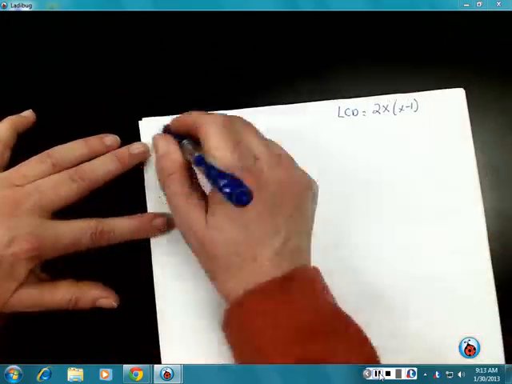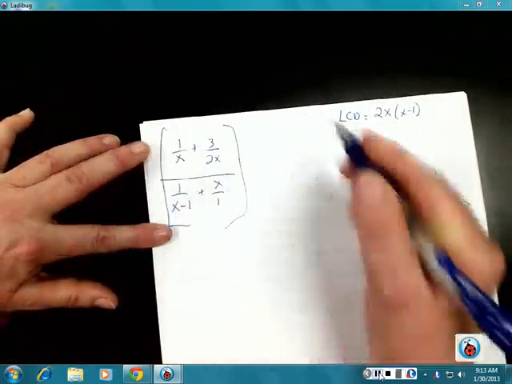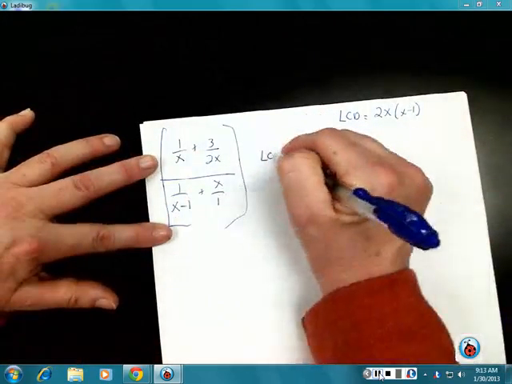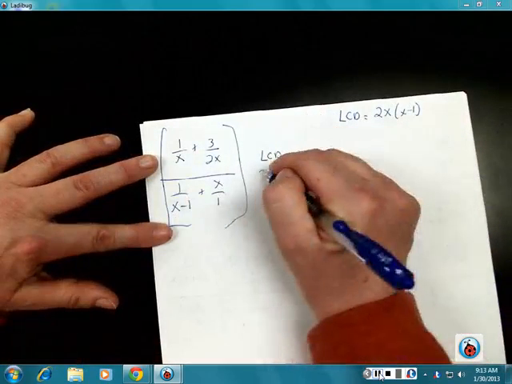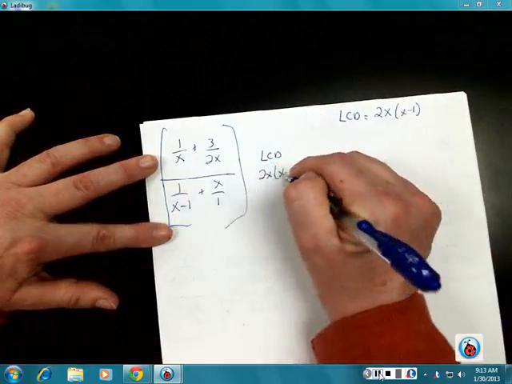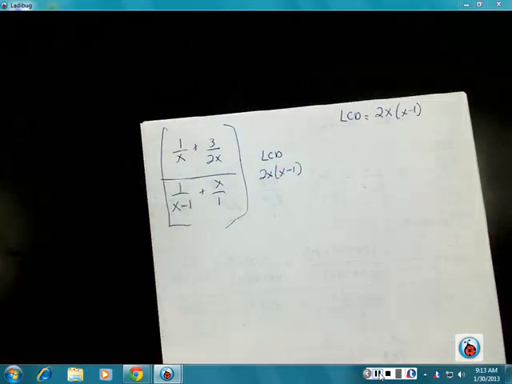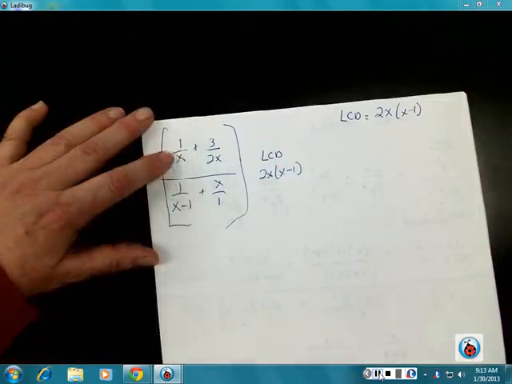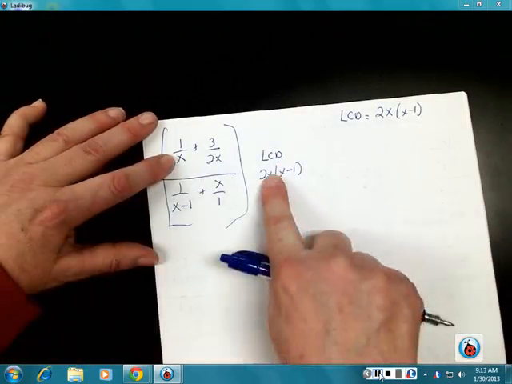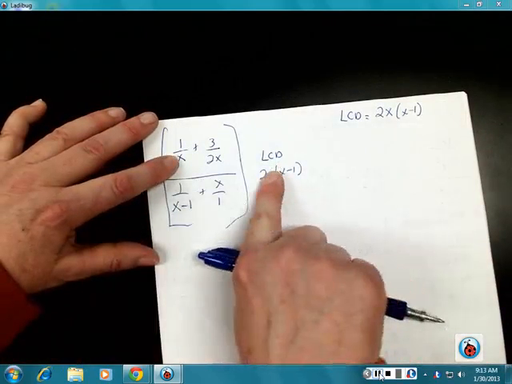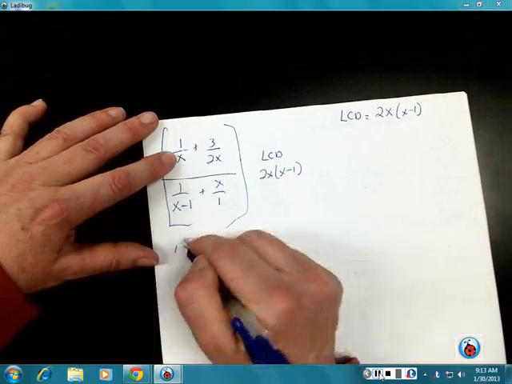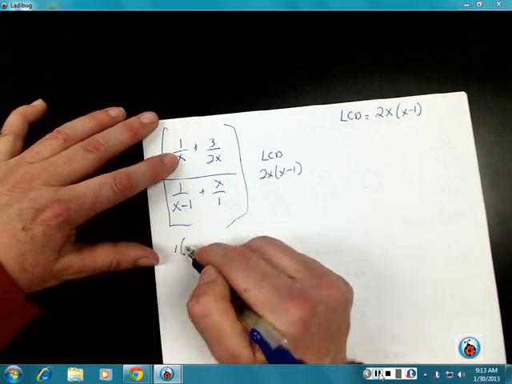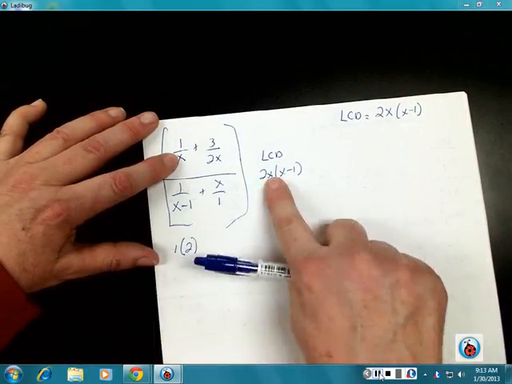Yes? Okay. So now what I want to do is take this whole thing and multiply it by my LCD of 2x times x minus 1. So what does my first thing get multiplied by? The only piece of it that I have is the x, so 1 is going to get multiplied by a 2, correct?